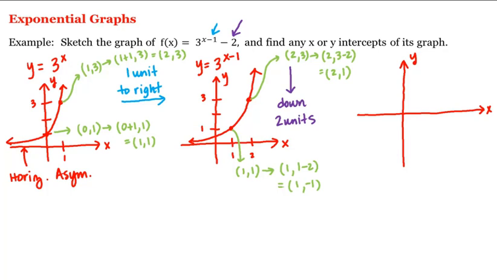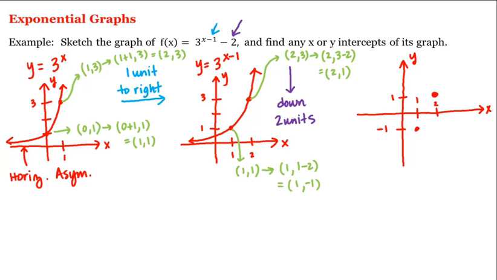So let's plot these points over here. Here is x equal to 1, y equal to negative 1. So here's our point, 1, negative 1. And then here's 2 and 1. So here's our point, 2, 1. Now the horizontal asymptote was at y equal to 0, which is also shifting down 2 units, which means that the new horizontal asymptote then will be at y is equal to negative 2.